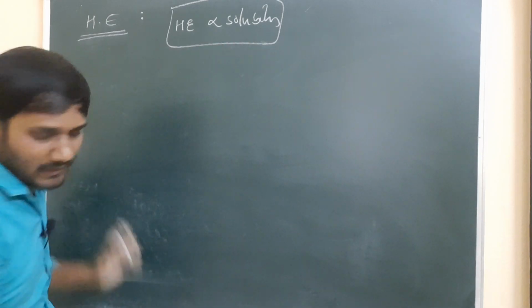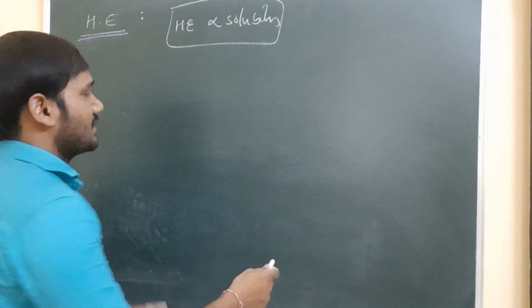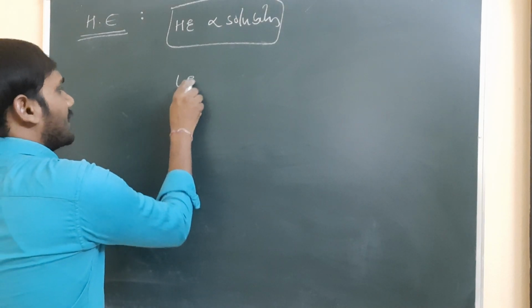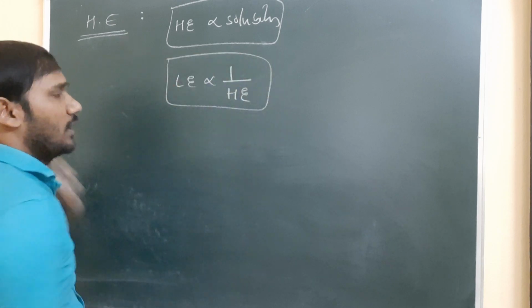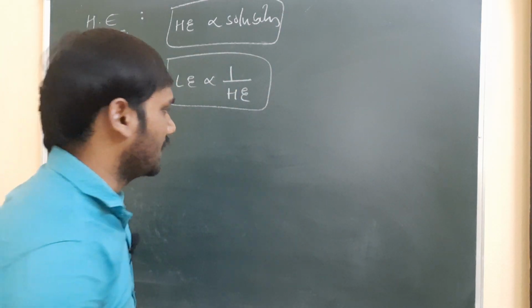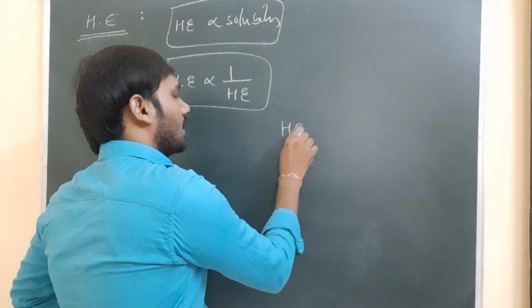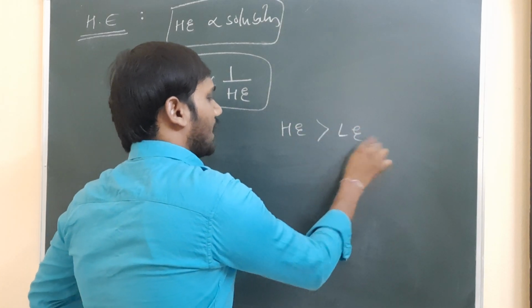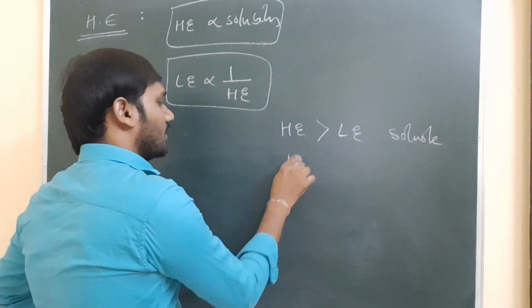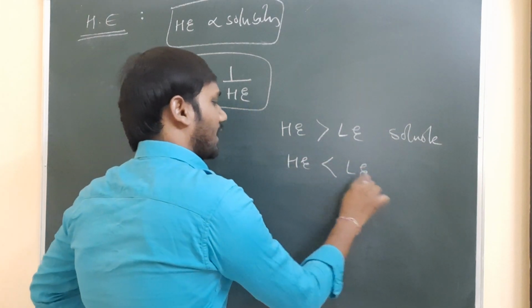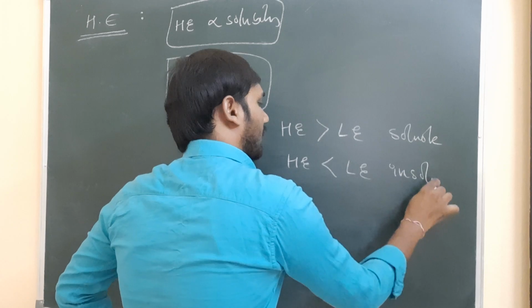So now let us discuss the relation between hydration energy and lattice energy. Lattice energy is inversely proportional to hydration energy. When the hydration energy is more than the lattice energy, the compound is soluble in water. If the lattice energy is more than the hydration energy, the compound is insoluble.